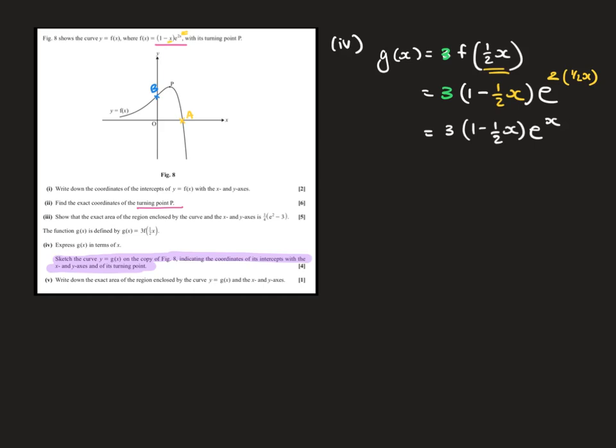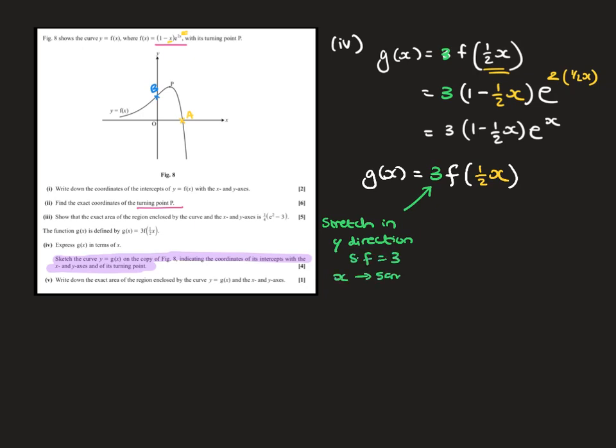So remember, g of x is equal to 3 f of a half x. Now, this 3 here represents a stretch in the y direction with a scale factor of 3, which means the x-coordinates stay the same, the y-coordinates multiply by 3.